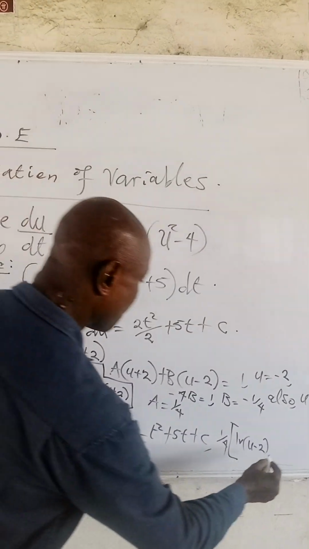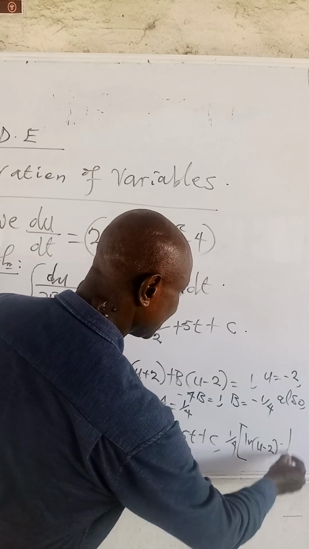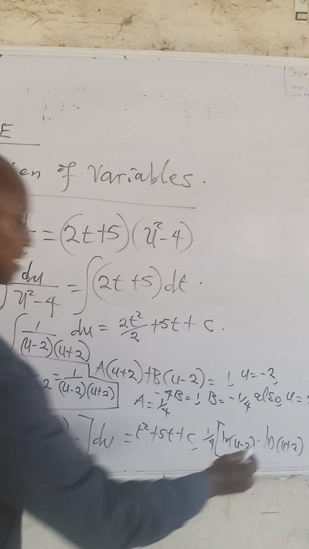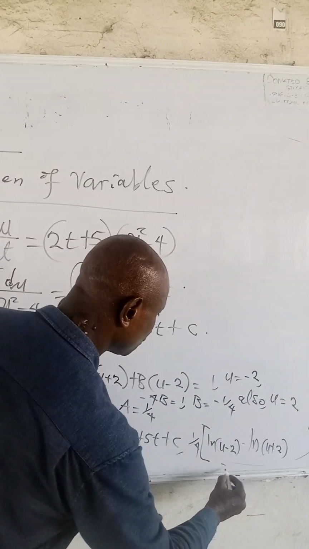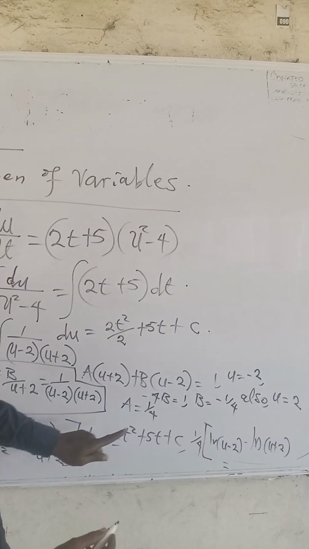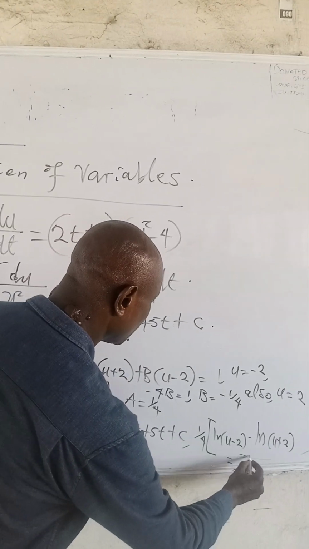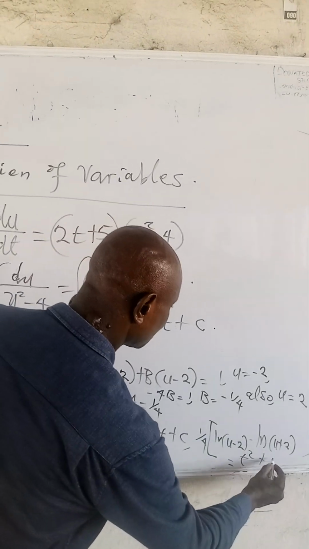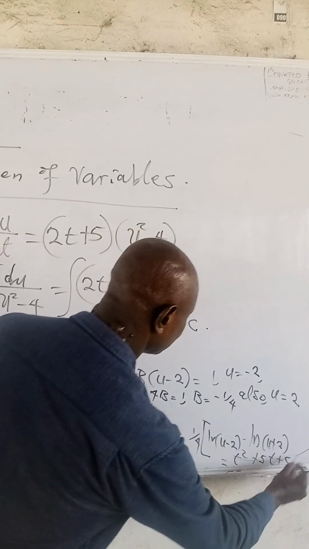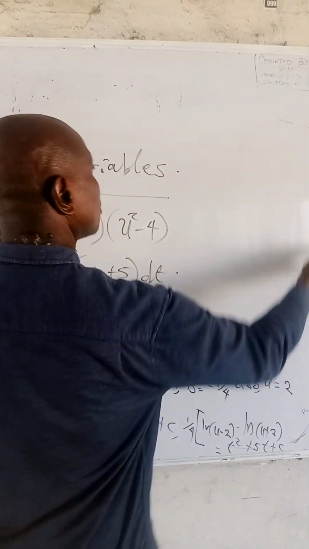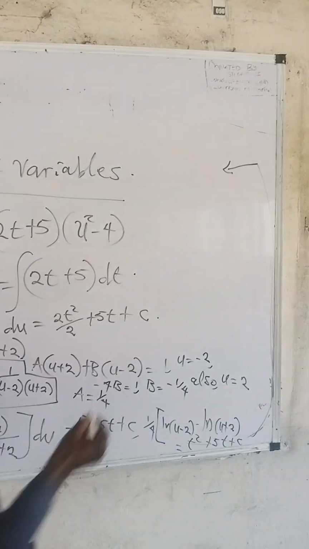Also minus ln of (u plus 2). And this will be equivalent to the value on the other side, which is reflected here as t squared plus 5t plus c.